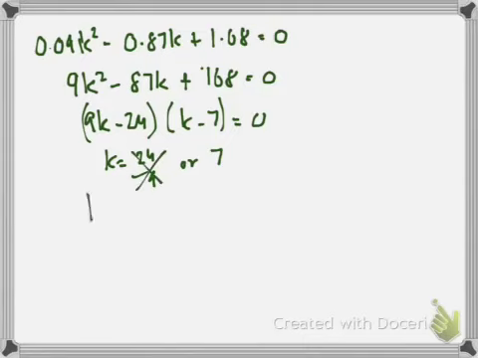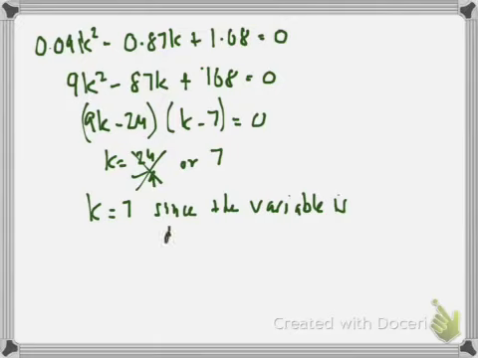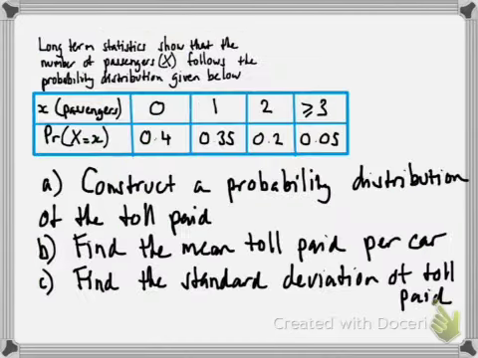So k equals 7. Okay, so there we go. The value of k equals 7. Let's go back to the start.